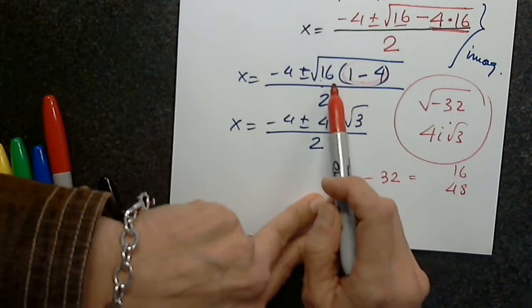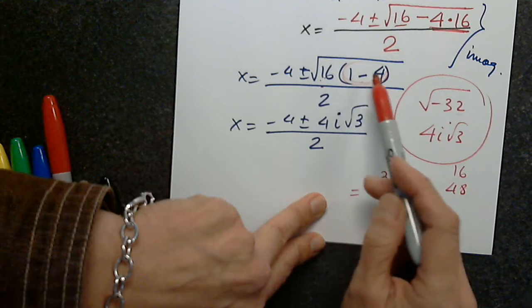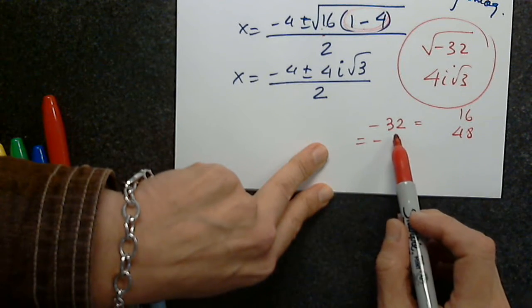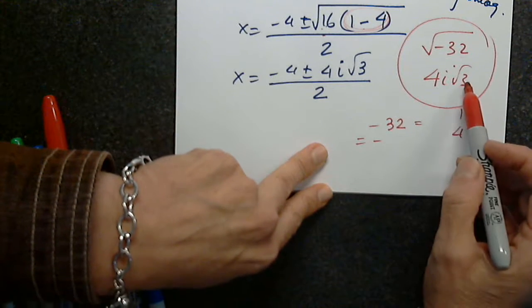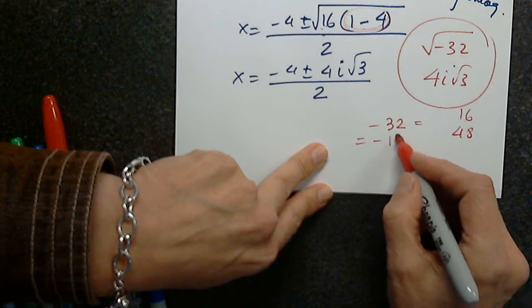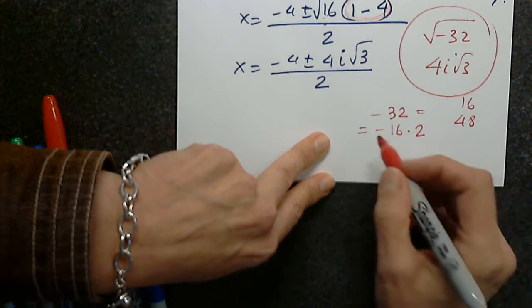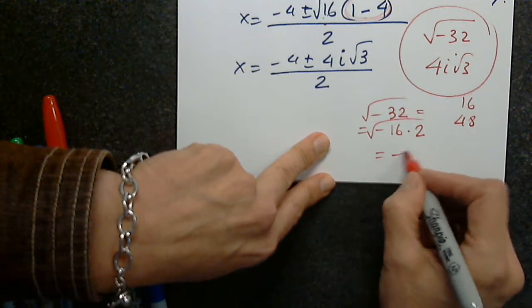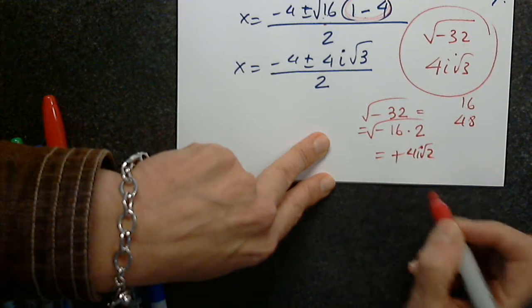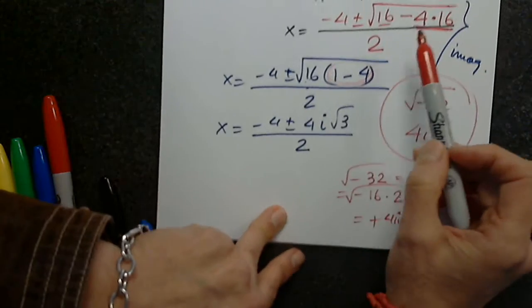So what did I get here? Everything appears to be correct, but why am I not getting the same thing here? I'm asking myself. Okay. So this is 4i the square root of 2. So what did I do here?